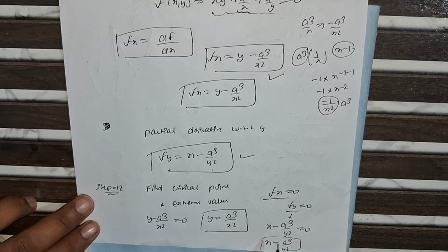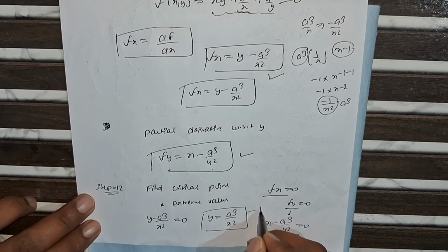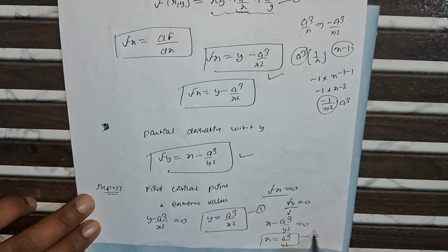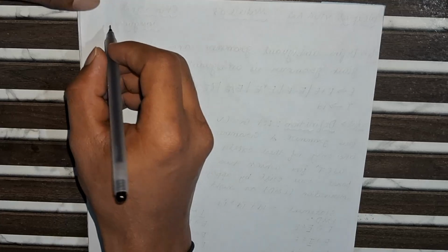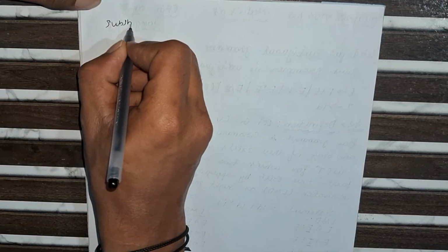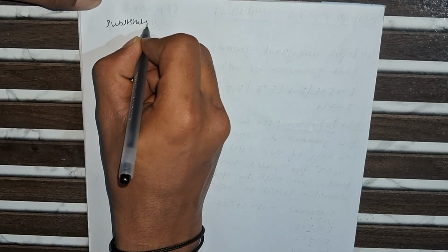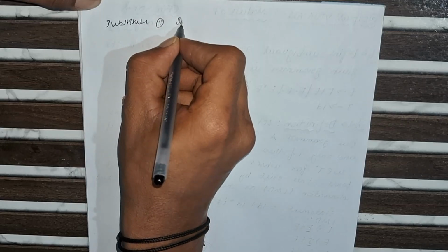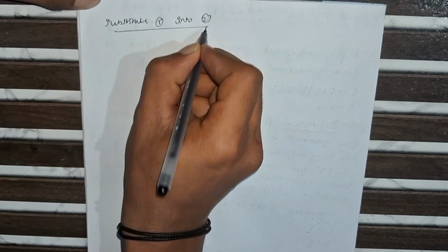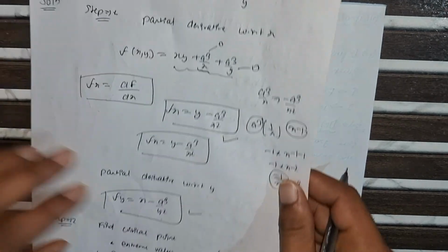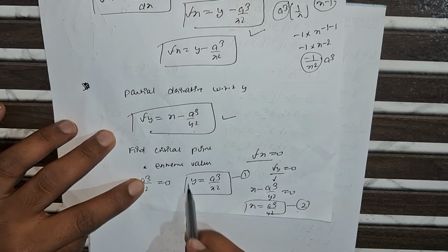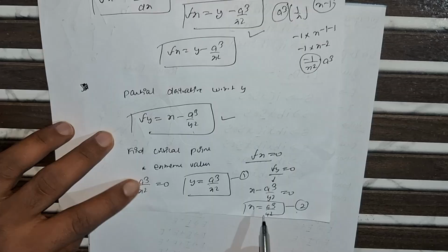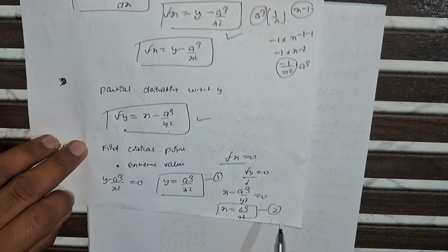So now substitute our equation 1 into equation 2, means this is our equation 1 and this is our equation 2. So put the value of y in y square. That's why I am putting equation 1 in equation 2.